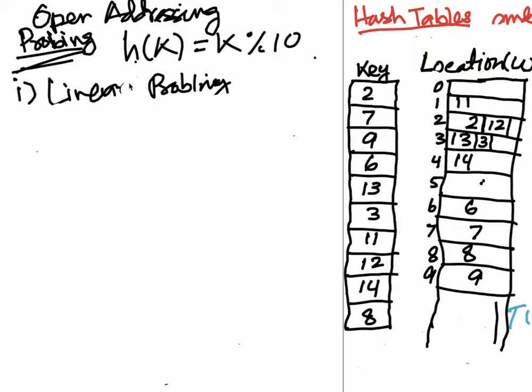So there are multiple ways to handle that. For instance, we can introduce the probing method, and then we can change the hash function.